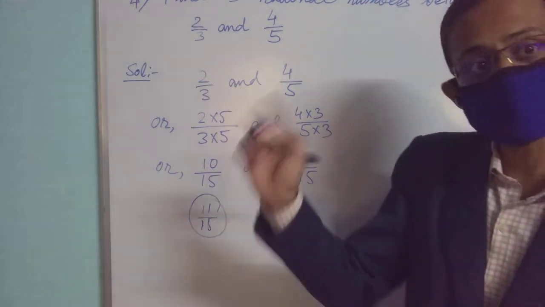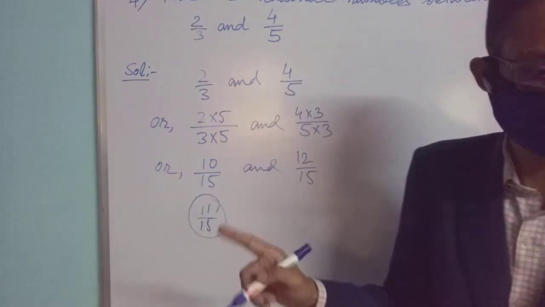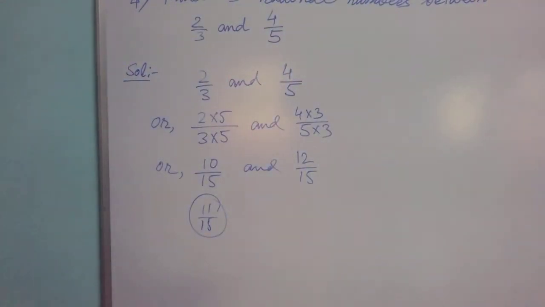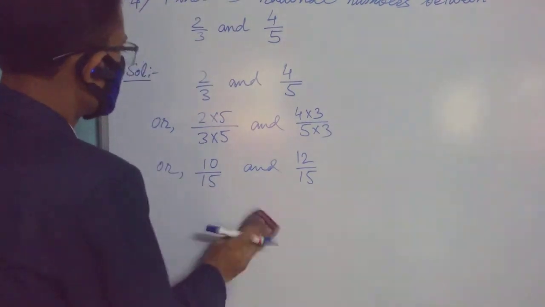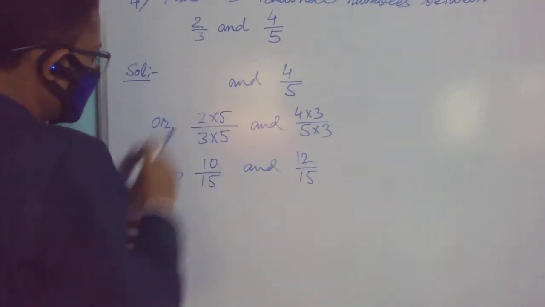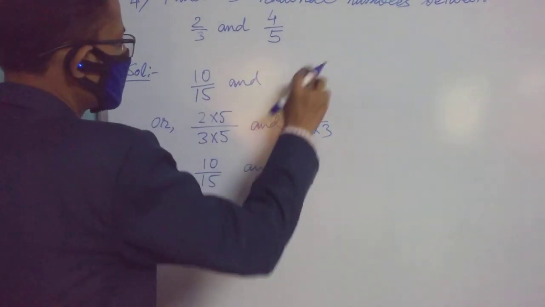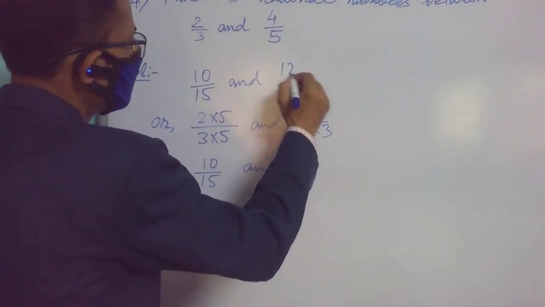So here you need to apply that first procedure that I just showed in the last problem. That means now, instead of 2 by 3, we have 10 by 15, and instead of 4 by 5, we have 12 by 15.